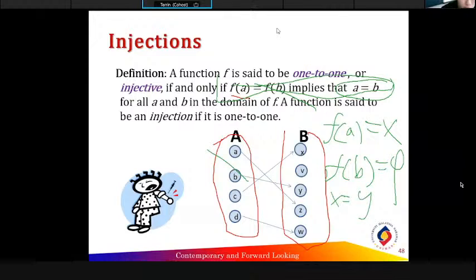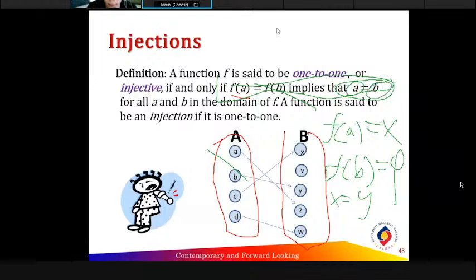Coincidence, right? Because we've seen some cases earlier on where a maps to z and b maps to z. So a can map to z, b can also map to z. But to give it that uniqueness, we say that can only happen if a equals b.